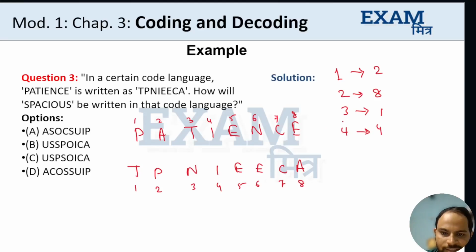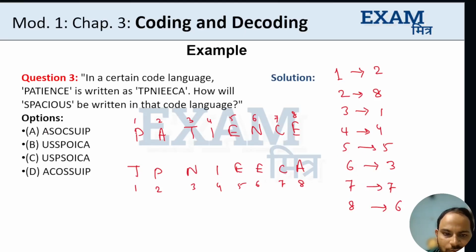There is no shifting. This 5, there is a confusion between 5 and 8, so let's think that the 5 is at 5. 6 is going to 3. 7 is at 7. And 8 is going to 6.